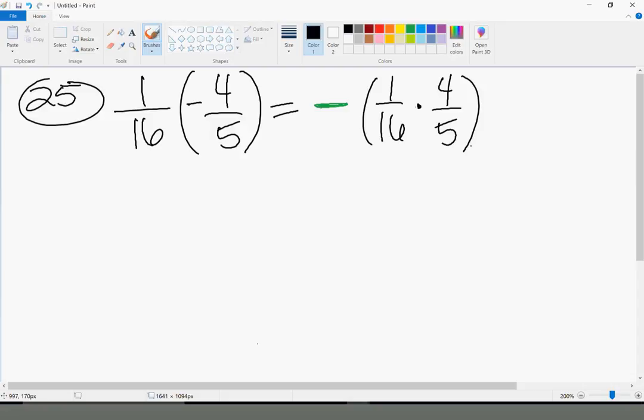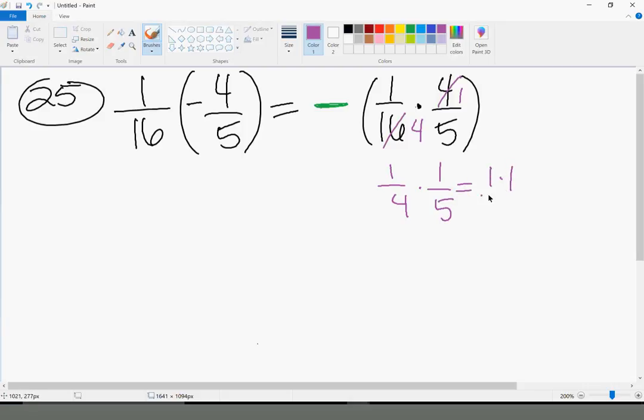So we could multiply straight across. We could even look for ways to reduce before multiplying together. So I have 4/16 here. 4 and 16 have a common factor of 4. So 4 divides into 4 one time, and 4 divides into 16 4 times. So we can write that as 1/4 times 1/5.